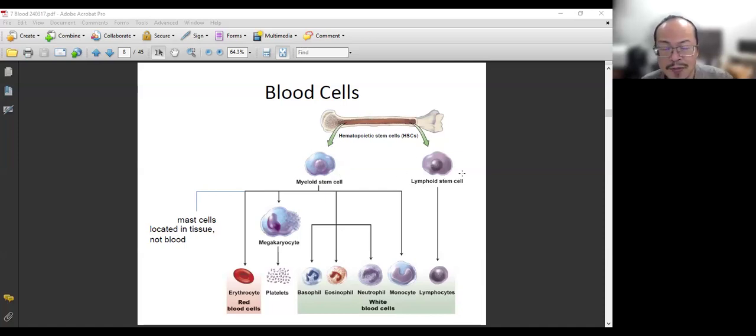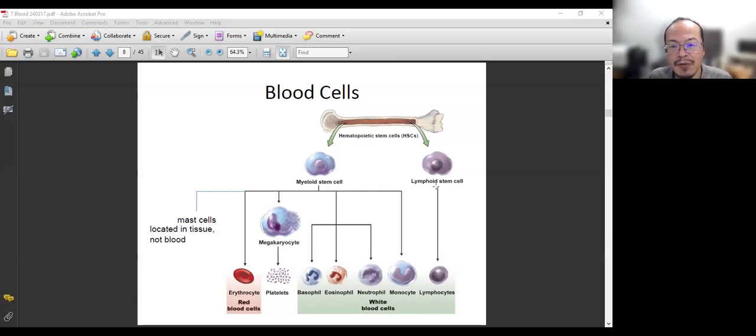These two types of stem cells are still stem cells. They can reproduce themselves, but they start to show some characters that are different from the other. So they differentiate into myeloid stem cells or lymphoid stem cells.